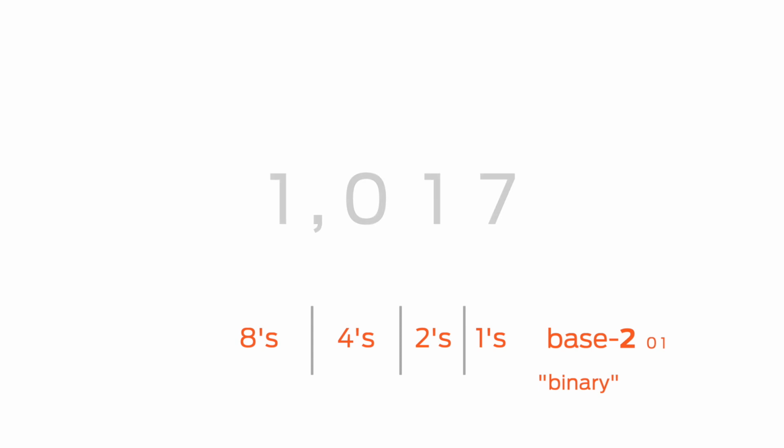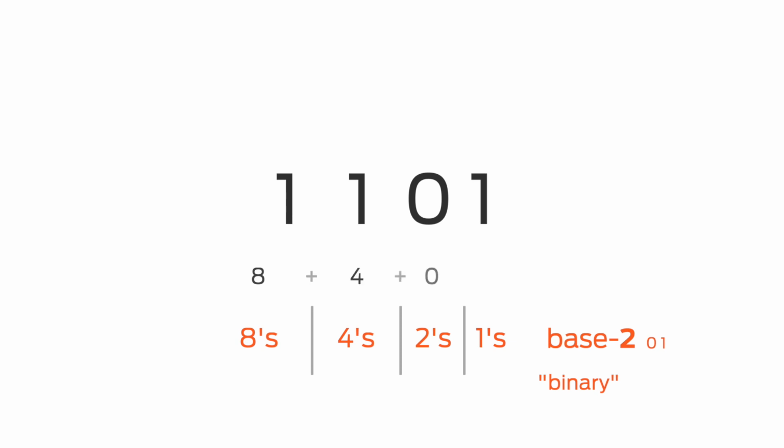So when we look at the binary number 1101, we do the same routine as we did in grade school. There's a 1 in the eights place, so that's 8, a 1 in the fours place, so that's 4, a 0 in the twos place, so that's 0, and a 1 in the ones place, so that's 1. 8 plus 4 plus 0 plus 1 equals 13.